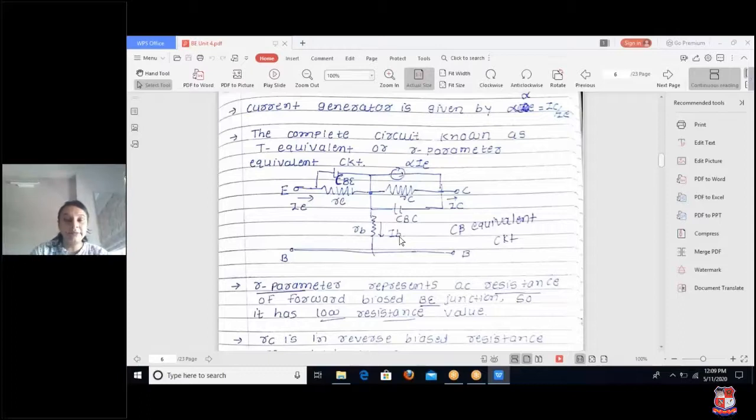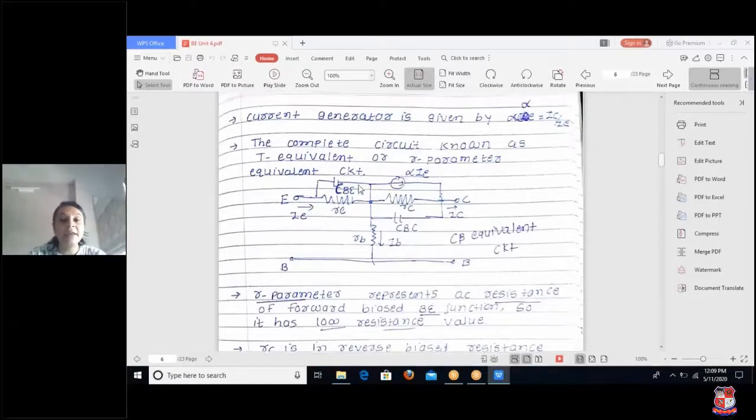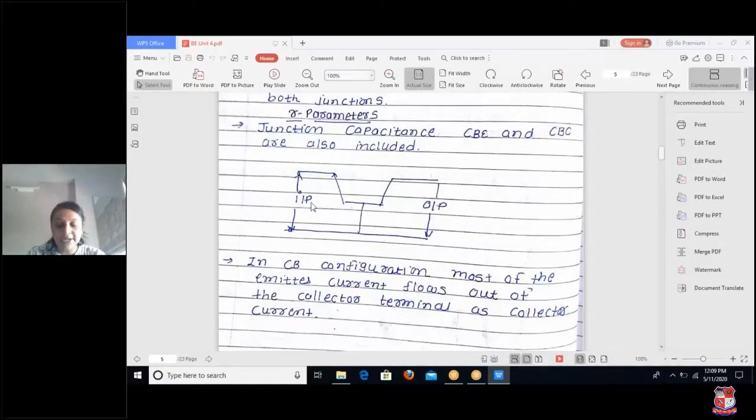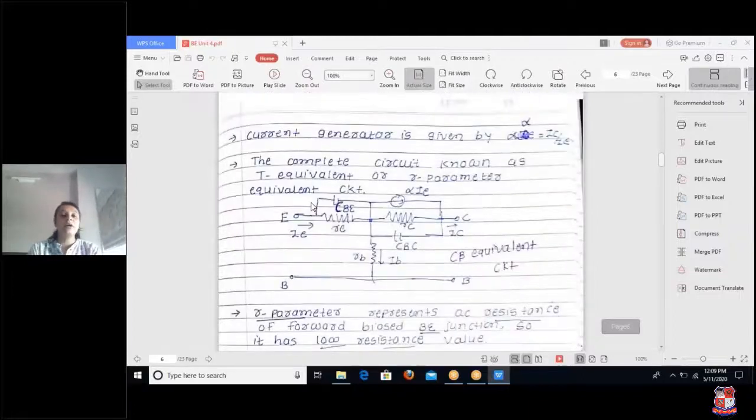Now the other connection is a capacitor. The capacitor is connected here. Capital CBE is your forward bias capacitance, right? And the connection is in between emitter and base. According to this configuration, your capacitor CBE is connected at the input side. Same thing at the output side, your BC coupling capacitor is connected in parallel with the output resistance RC.